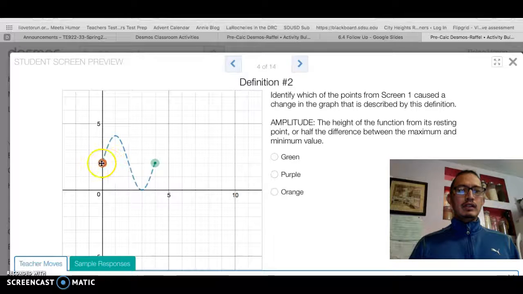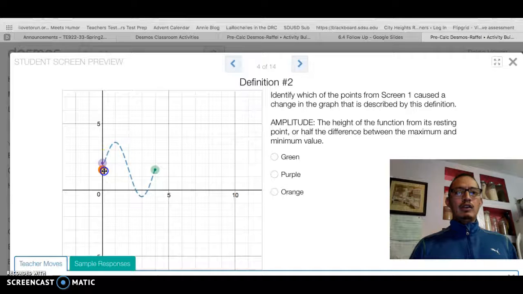So starting point here, I go up 1, up 2. So my amplitude here is 2. You can also find it by going down 1, 2, and see I'm on my minimum right here. Or I can take the distance between here and all the way here. If I draw 2 imaginary lines right here, and I find this distance on the y, and I divide it by 2, then that will give me my amplitude.